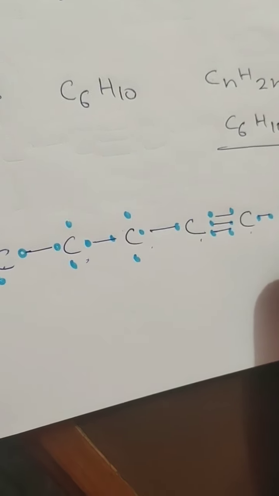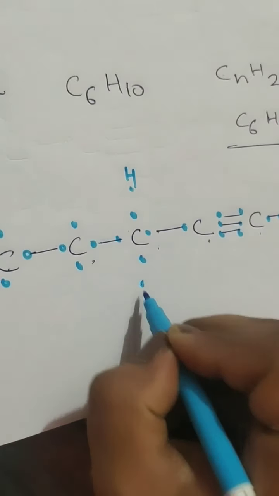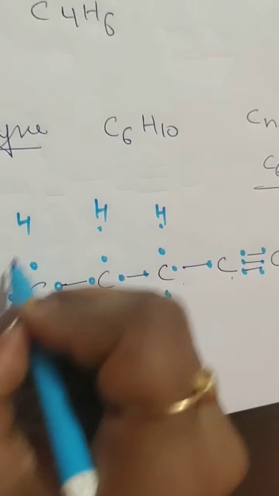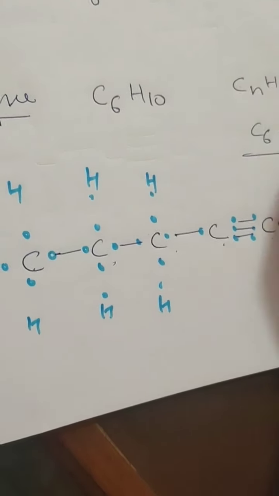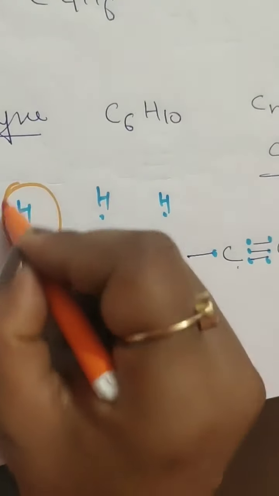So this will not link with the other hydrogen atom, but this will link. So here will be hydrogen, here will be hydrogen, hydrogen, there will be no hydrogen because already 4 are being taken, hydrogen, hydrogen, hydrogen. Okay, so that means this is having this.